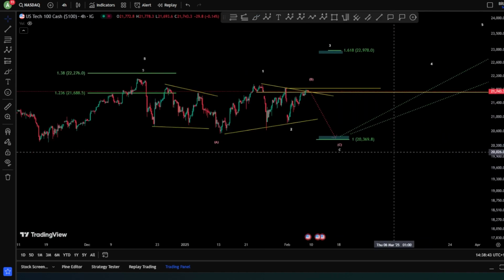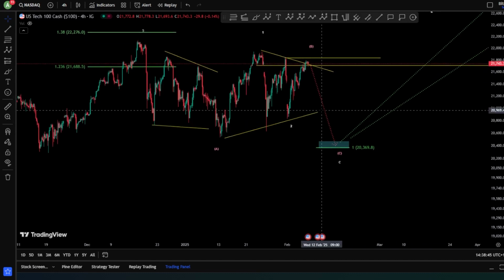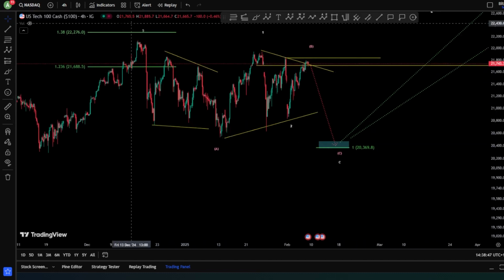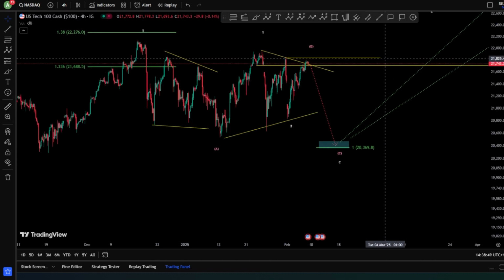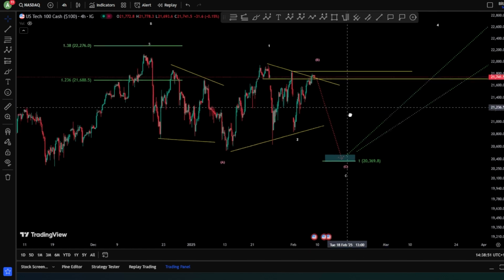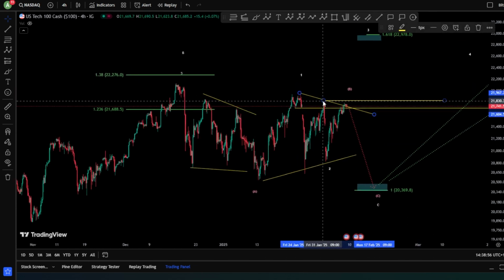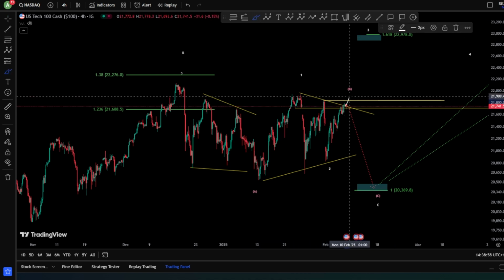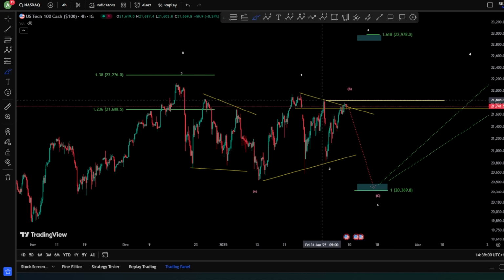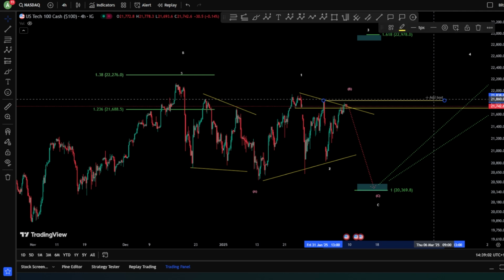Basically I feel like it is still looking for a little bit lower, especially since we didn't break this triangle yet. I mean, we broke it with this vertical one, but the invalidation of this triangle for wave E is to take the high here. So I would say from here, higher possibility for bullish, okay?